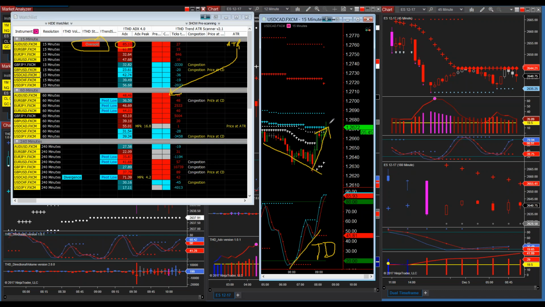Now, that said you were going to go up, by itself is not enough. But the fact that you were overextended, the magenta peak was coming in, you had long divergence here, you had just made a pivot low, and this is on the higher time frame here. All of that said, more than likely it will go up.